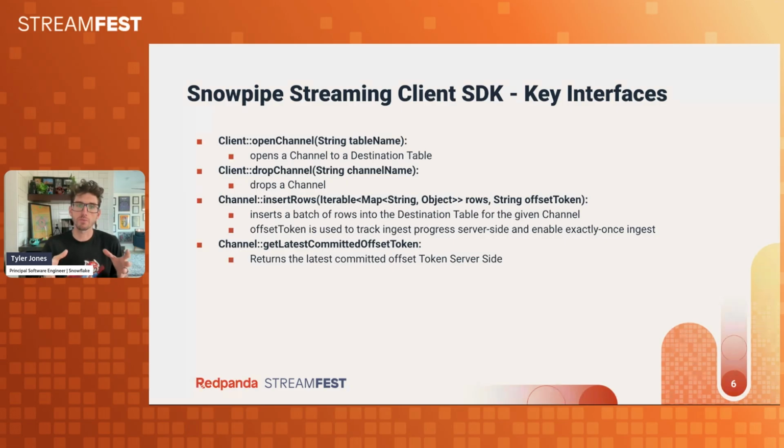Once these rows are ingested, this offset token becomes available via the second channel interface that I want to call out, which is get latest committed offset token, wherein if you call this API, you will get back the last offset token that was committed in Snowflake. So as you periodically call insert rows with an offset token, and these rows get ingested, the offset token will reflect the latest offset token for a batch of rows that was committed.